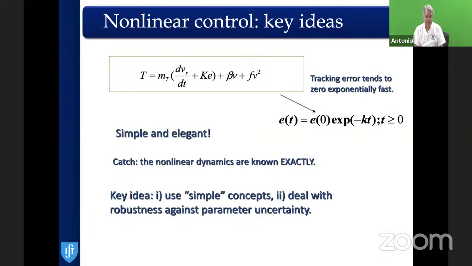And still they didn't have those appendages and stuff like that, the solar panels, so on and so forth. The parameters were known with very, very good accuracy. So you could use control systems like this. But the moment you start having some uncertainty in the parameters, then you have a problem because you think you are doing good, but then you end up not canceling exactly, and you don't know in which way the system is going. Could be stable or unstable.